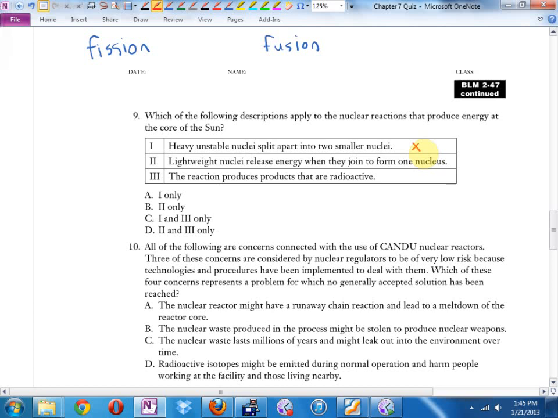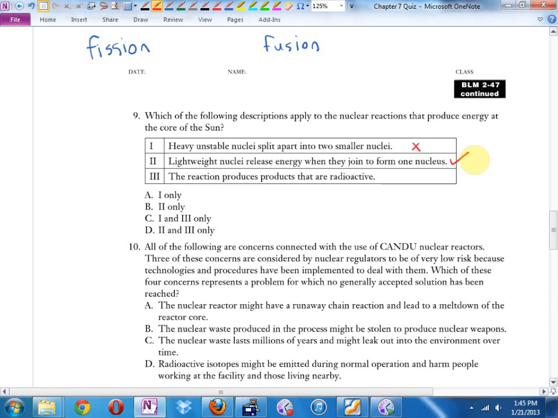Lightweight nuclei release energy when they join to form one nucleus? Yes, that's fusion. That's what we can do in the labs right now, but not without putting in more energy than we get out. If we can figure out a way to get more energy out than in, we're laughing, because fusion has very little nuclear waste.